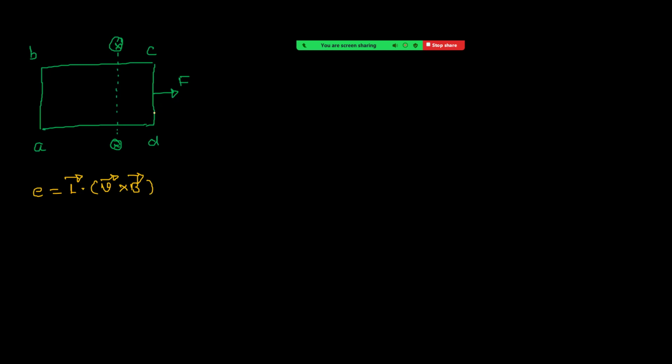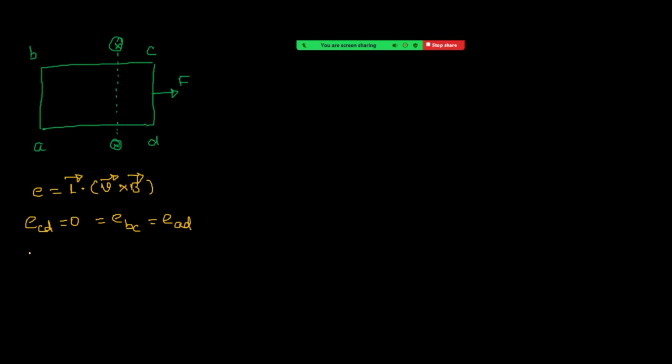Next, coming to BC, or if you take AD, velocity is parallel to these sides, BC and AD. And we know that out of these three vectors, if any two vectors are parallel, no EMF is induced. That means EMF induced across CD is 0, across BC also 0, across AD also 0, right?